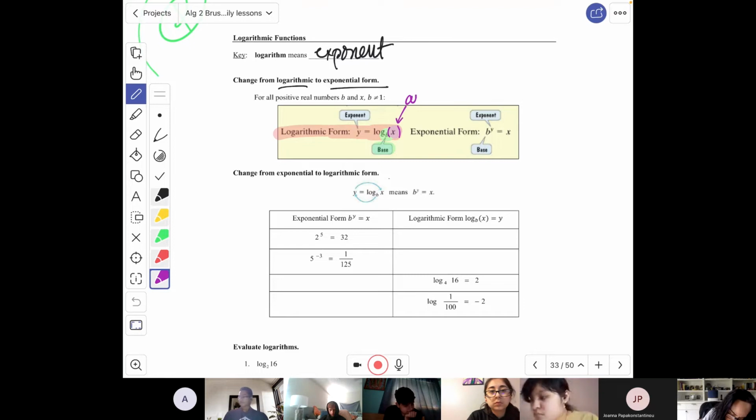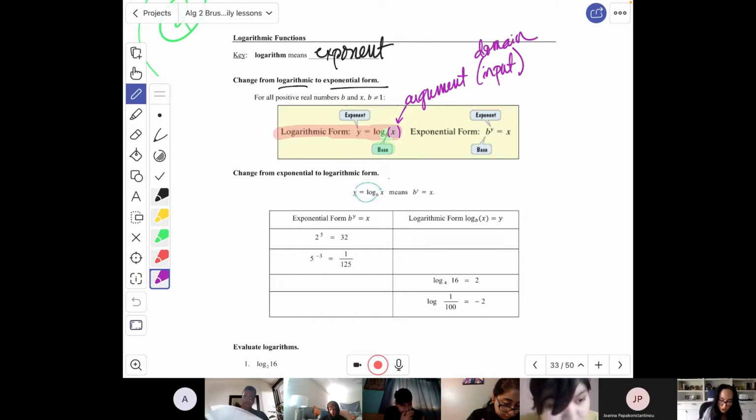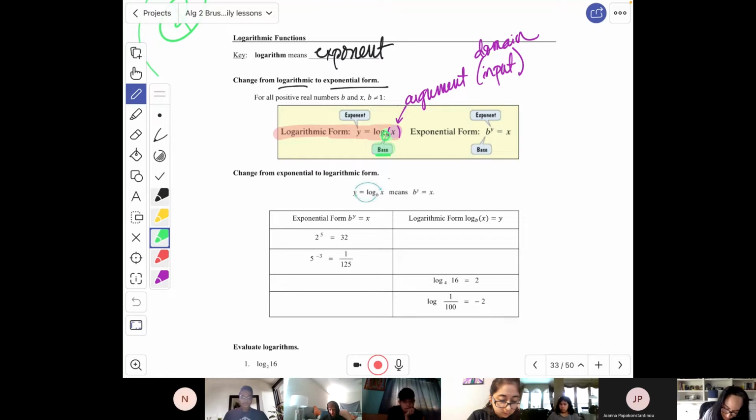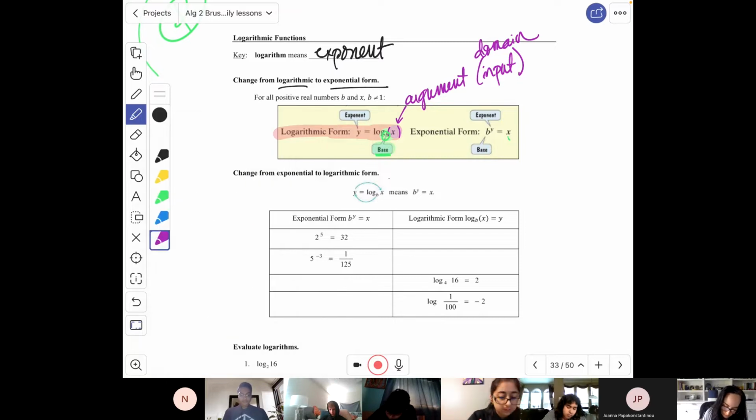And you can put parentheses there. That's your argument. The argument is also known as the input, the domain.